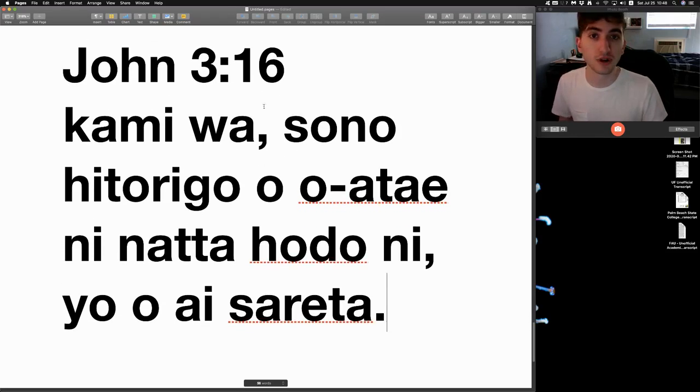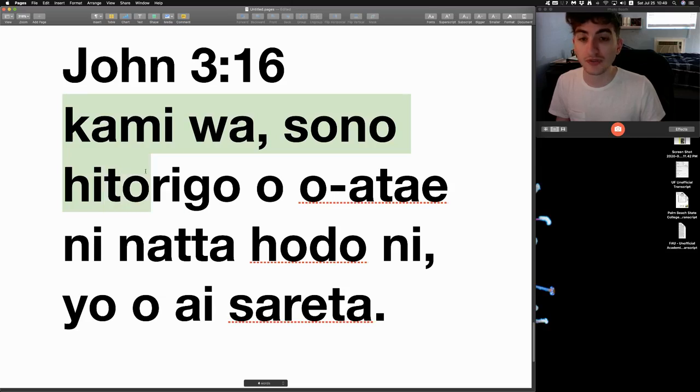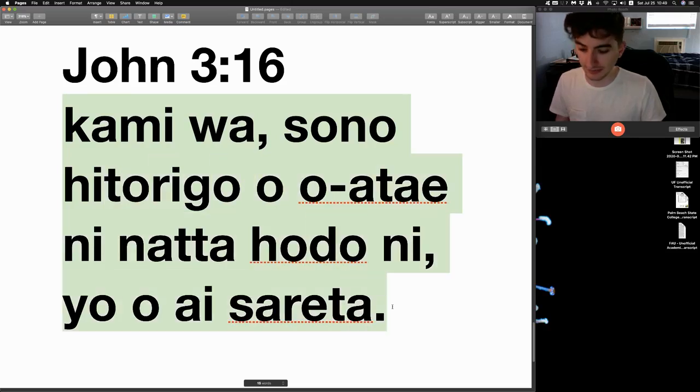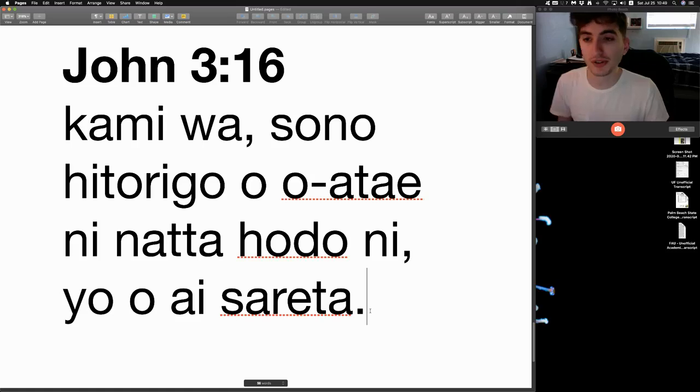Okay, this is the first part of John 3:16, which means God so loved the world that he gave his only begotten son. Okay, we're going to just break this down. Kami means God.